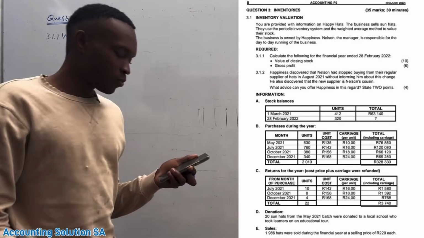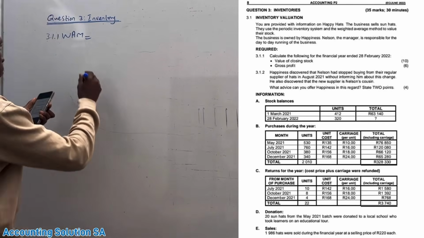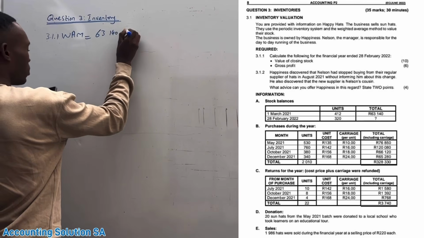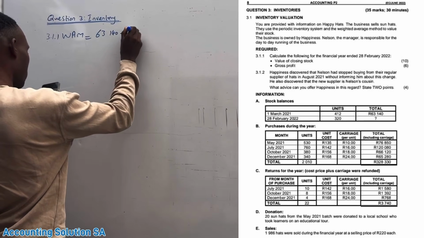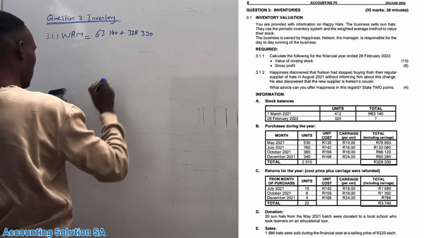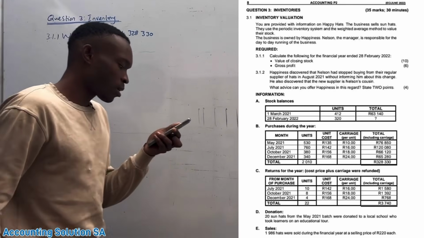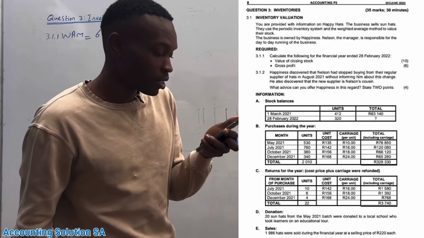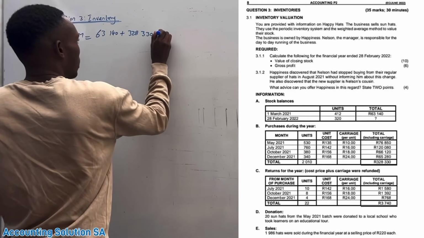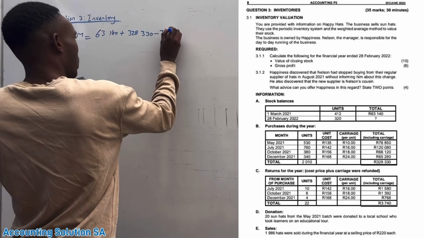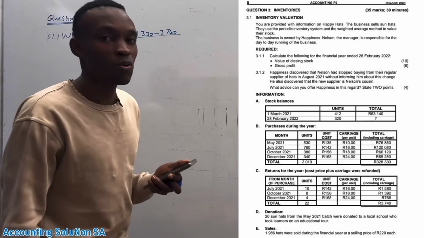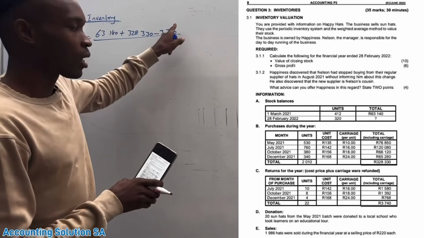The first total that we are going to take is opening, which is 63,140, and we add purchases, which in total is 328,330. Okay, and we check if we have any returns. Yes, we have different returns, which in total is 3,740, minus 3,740. So if you check other previous question papers, you will find that this was the last part that we ended with.